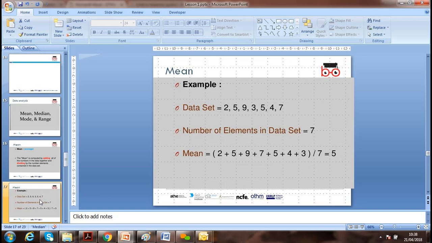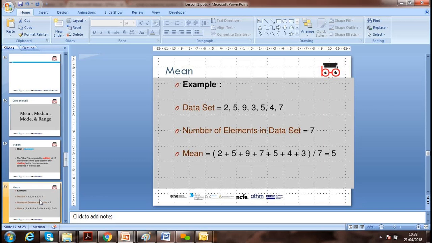We add all their values and divide by 7, so we get an average of 5. This is quite popular in the business world, like the average price of the month, the average price of the product, or the average price of shares. These things keep coming up, and we have to carry on learning them.